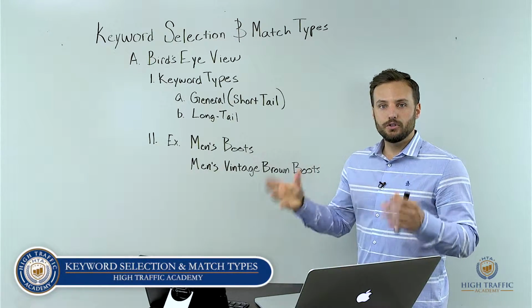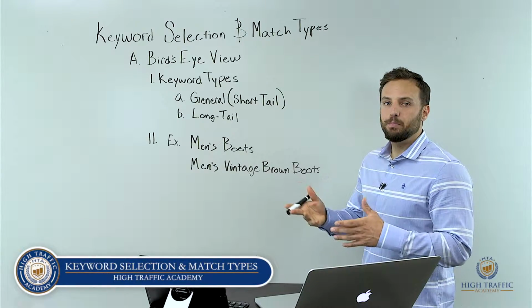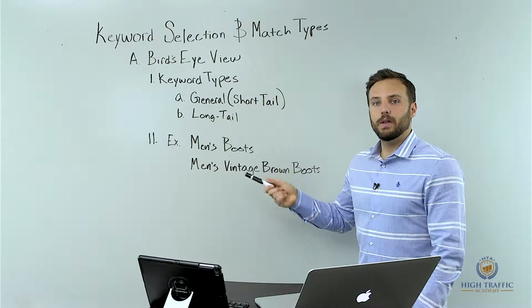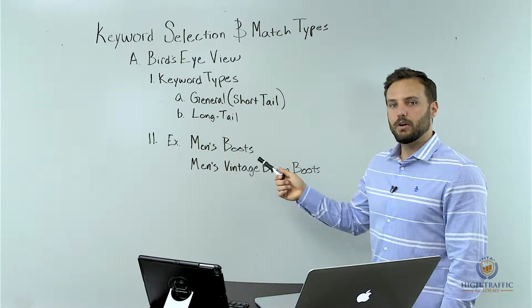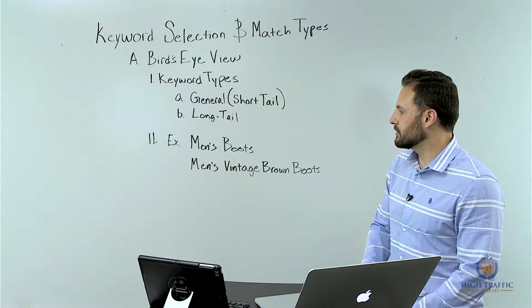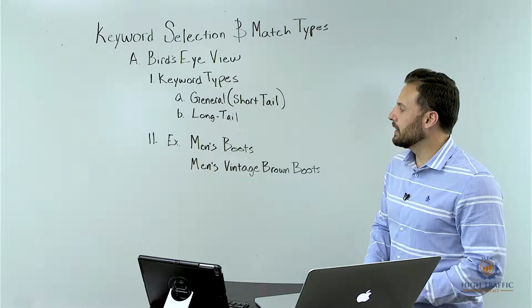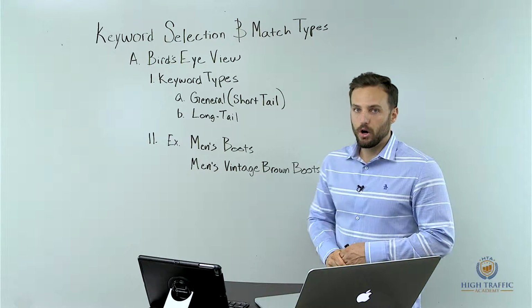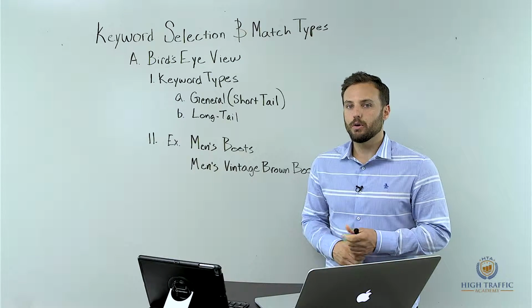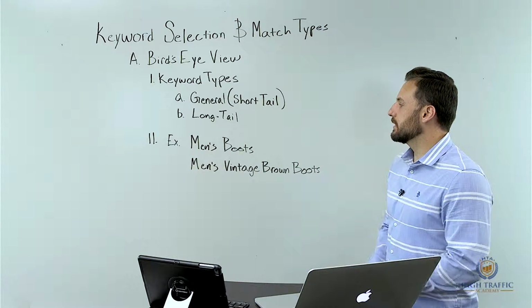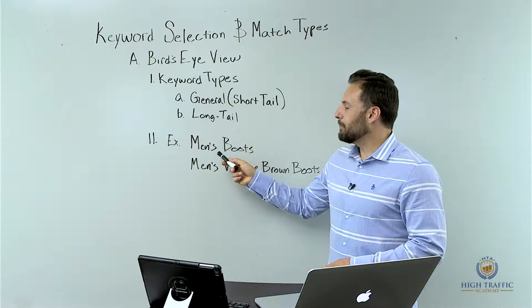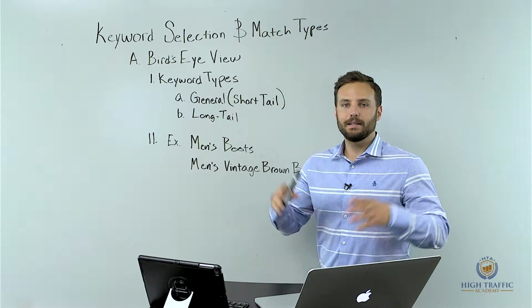If you're an online shoe retailer and you sell men's boots, then this would be a keyword that you would most likely at some point decide you want to start driving traffic to your site from. There are a number of pros and a number of cons. I'm going to go over the top pro and the top con with you of targeting general short tail keywords. The top pro is that you're casting a very wide net.